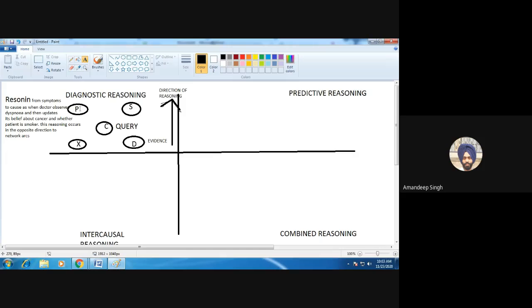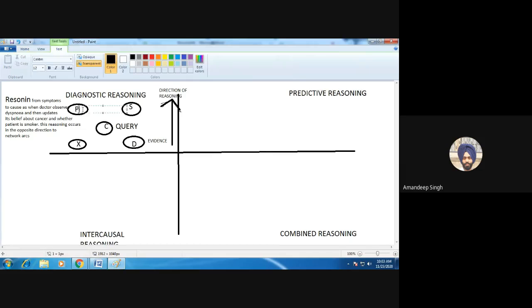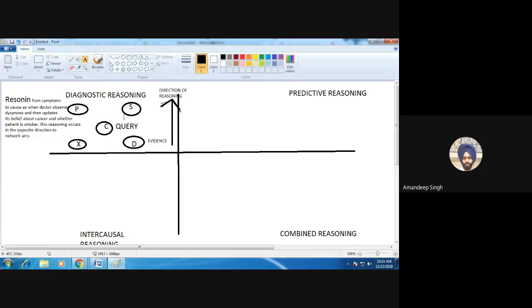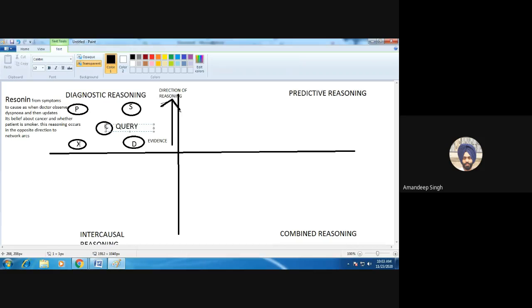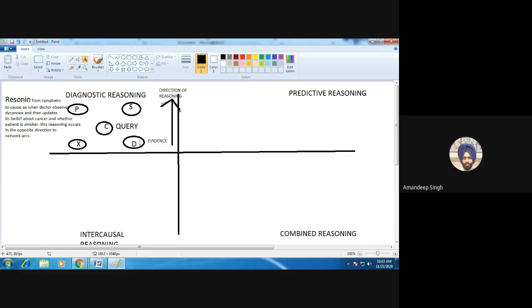Now, the first reasoning we are discussing is diagnostic reasoning. The same nodes are there: P stands for pollution, S is for smoking, C is the cancer, X is for the X-ray report, and D is for dyspnea.